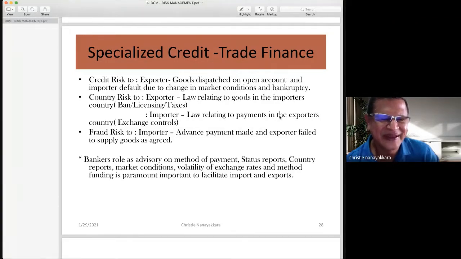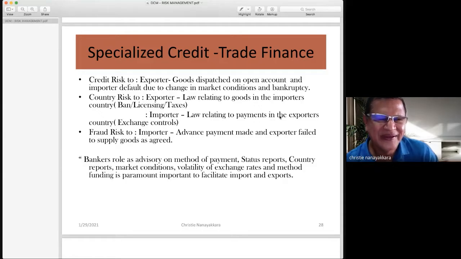So he will tell the bank, my customer needs payment in advance. So the bank can, within the revolving import loan that we established earlier, give a short-term loan to pay that advance.